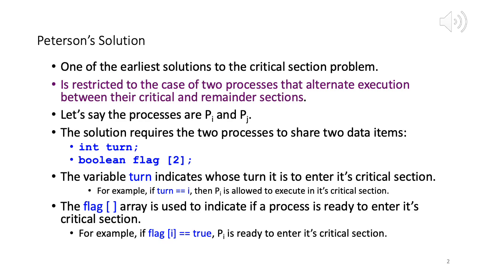If a process, whether it's Pi or Pj, wishes to enter its critical section, it will set its flag value as true. So if Pi is ready to enter its critical section, flag i is true. If Pj is ready, flag j is true. The intention is declared by setting the appropriate flag value to true.